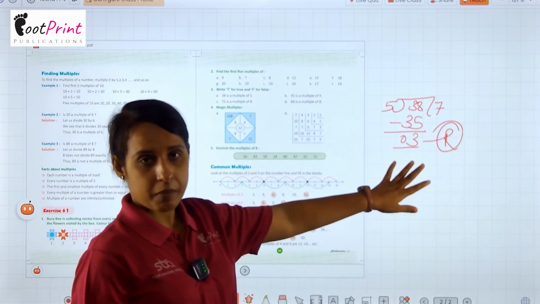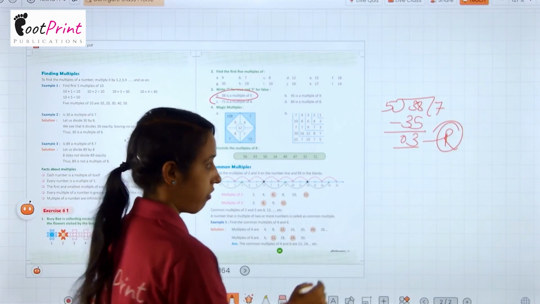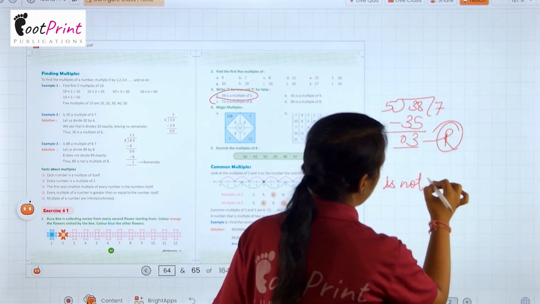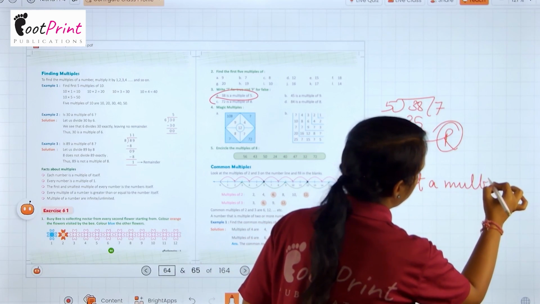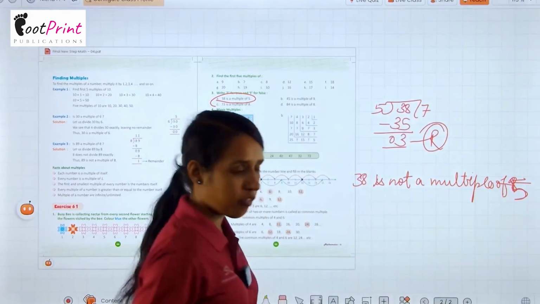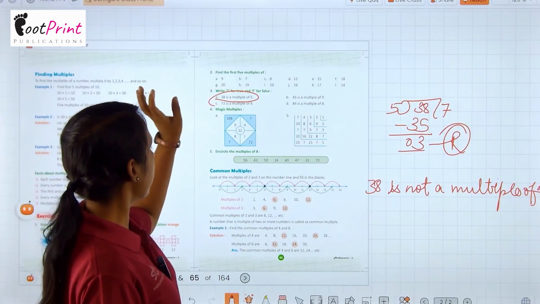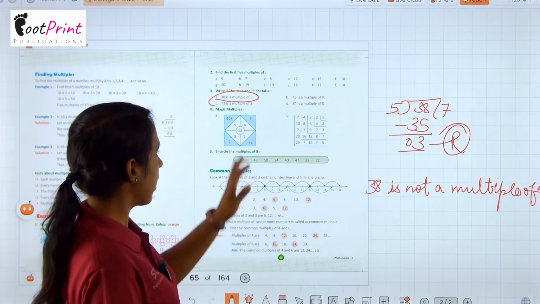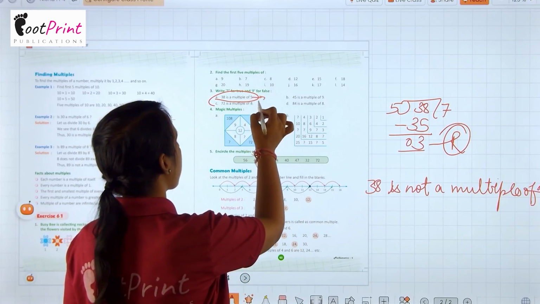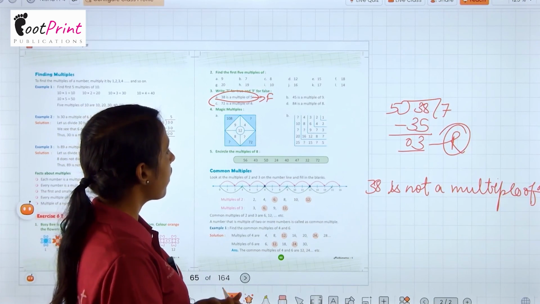And a number that leaves a remainder means 38 is not a multiple of 5. So we can write here 38 is not a multiple of 5 because 5 does not exactly divide 38 and it leaves remainder 3. So here we can write false because it is not a multiple of 5.